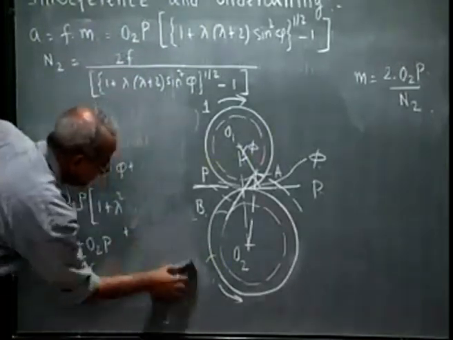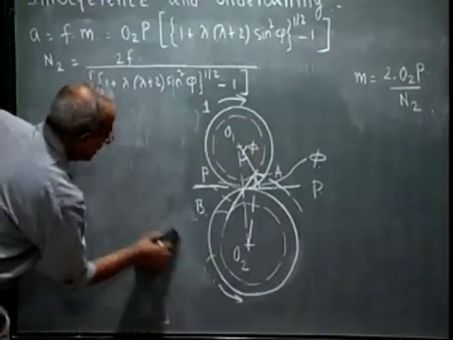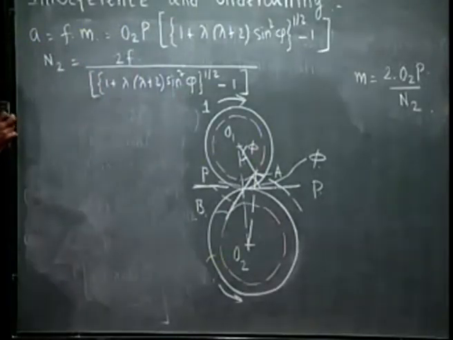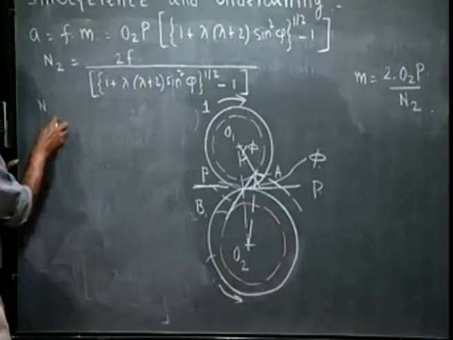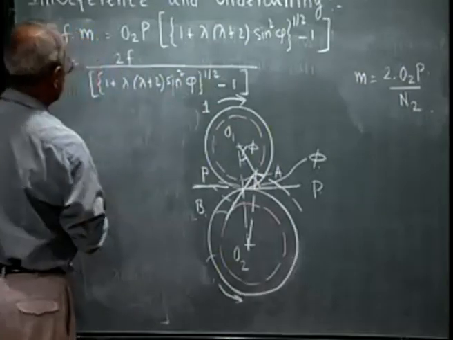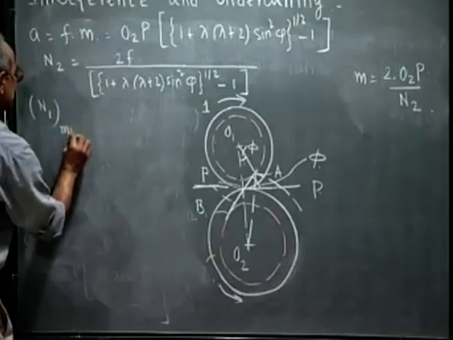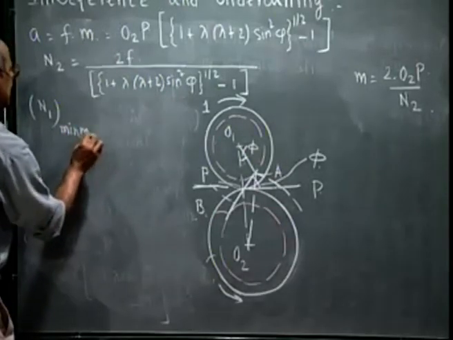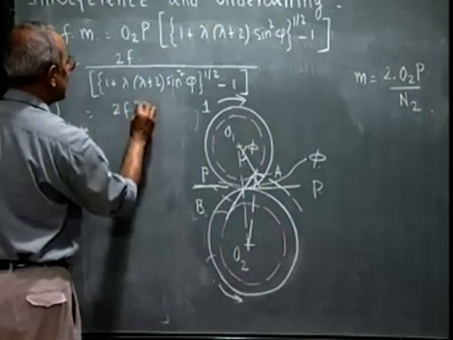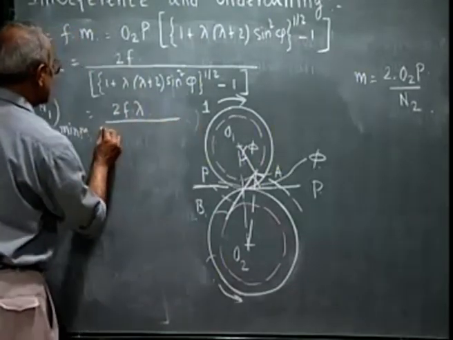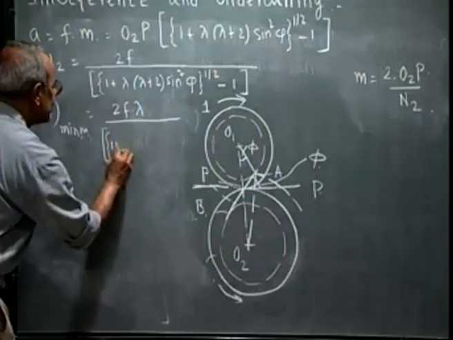We have considered the situation where interference just started with the pinion, and we would get this expression for N2, which means if I multiply by N1 by N2, which is nothing but lambda, N1 minimum, the minimum teeth on the pinion, we get 2F lambda divided by this expression. The denominator remains the same.